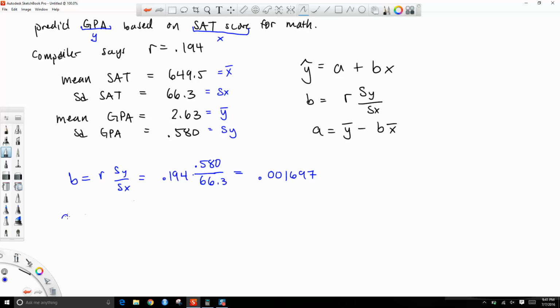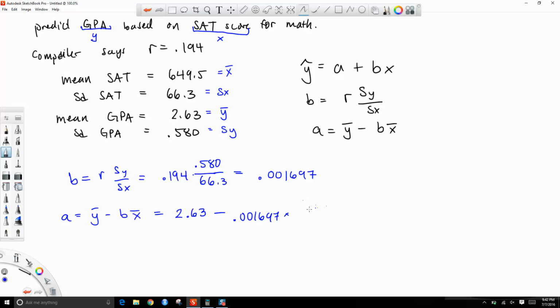Okay, let's calculate A. A is y bar minus b x bar. I'm just plugging in my formula here. What's y bar? 2.63. I'm going to subtract off what's b? 0.001697 times x bar.